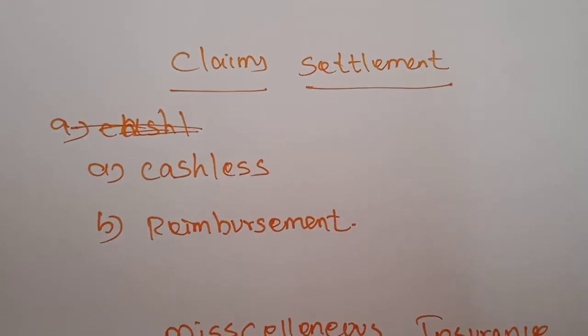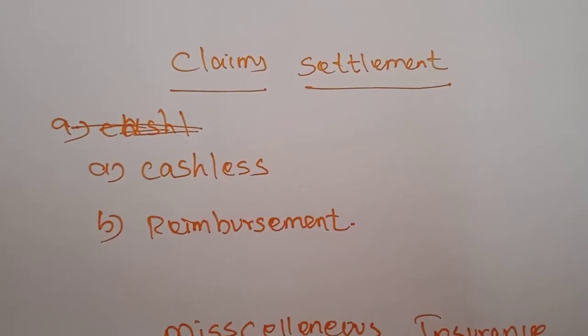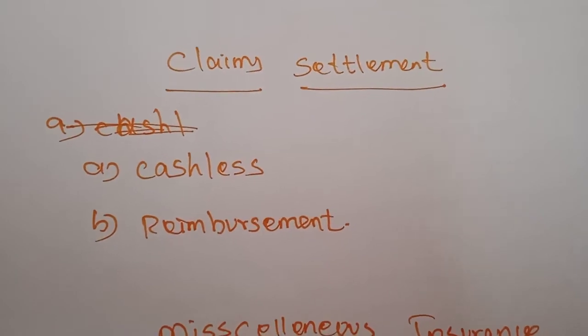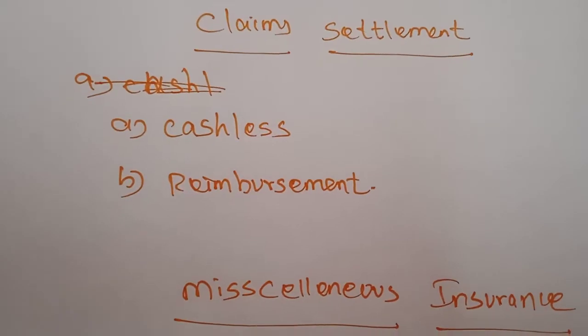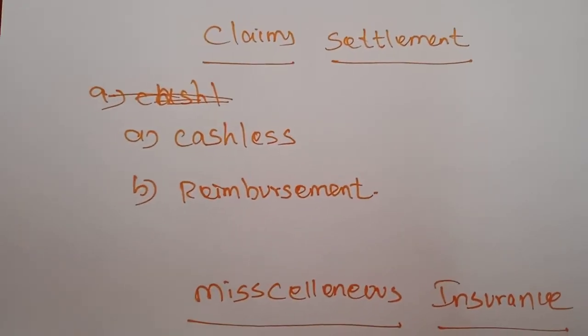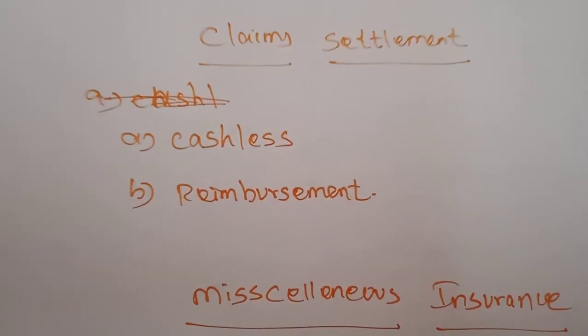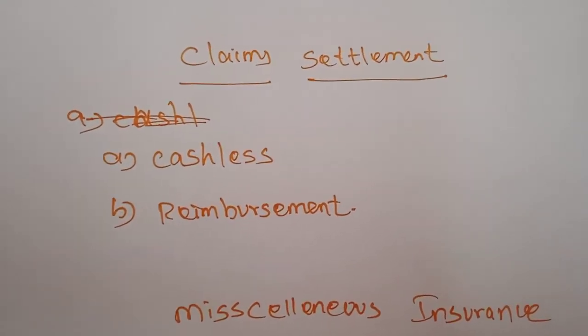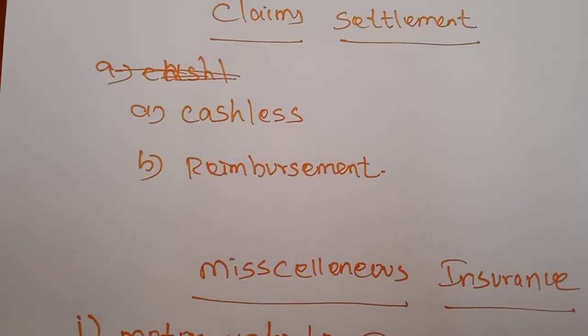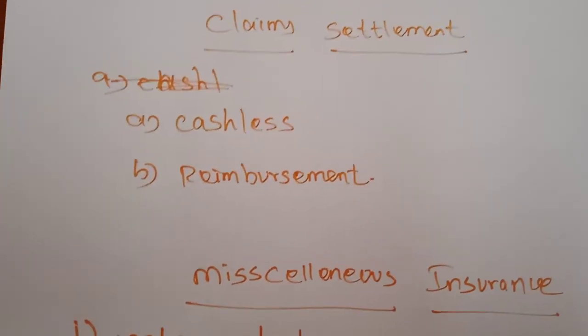The third party administrator is a middle party between the insurer and the customer. The insurance agents are there, and the claim amount needs to be approved through the agent; only when approved by the agent can we get the claim.